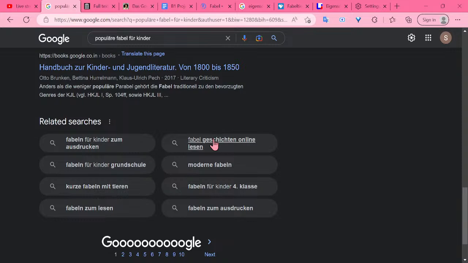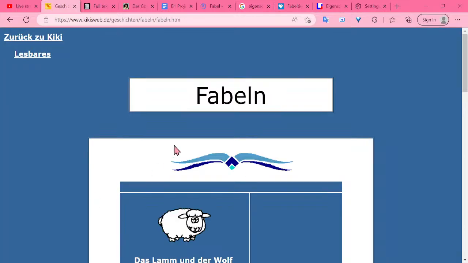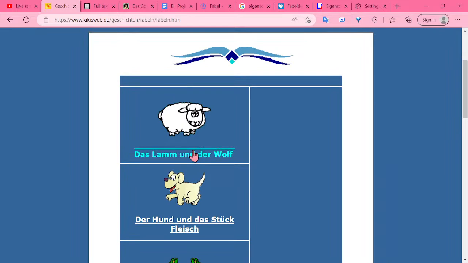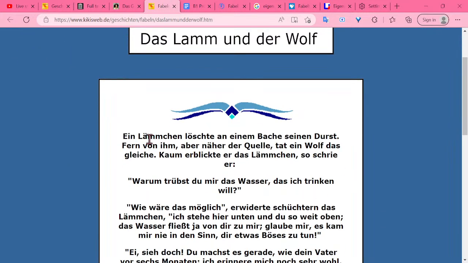Oh yeah, online lesen. Oh, that's nice. Oh look, that's such a nice website. Das Lamm und der Wolf. Okay. Ein Lämmchen, very tiny lamb, so cute. It's very direct.